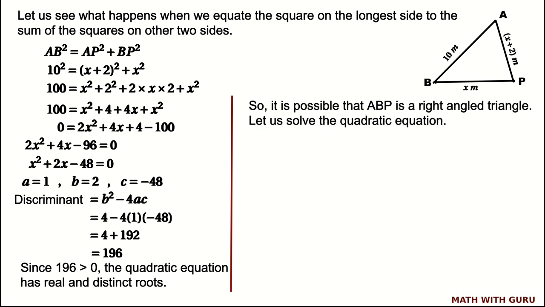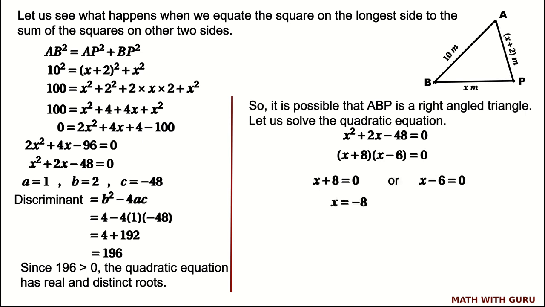Let us solve the quadratic equation. We can use the formula method, but I am going to use the factorization method. x squared plus 2x minus 48 equals 0. I am not going to show the details. (x plus 8) into (x minus 6) equals 0. x plus 8 equals 0 or x minus 6 equals 0. x equals minus 8 or x equals plus 6.